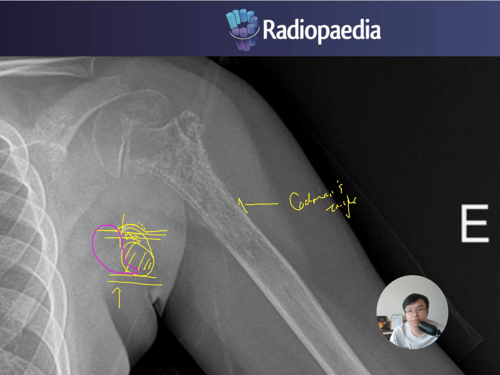So you will see that the periosteum will get pierced through this area and then only form a small triangular shaped area. So you would notice that there must be some sort of soft tissue adjacent to that. This is the margin of this extraosseous soft tissue.